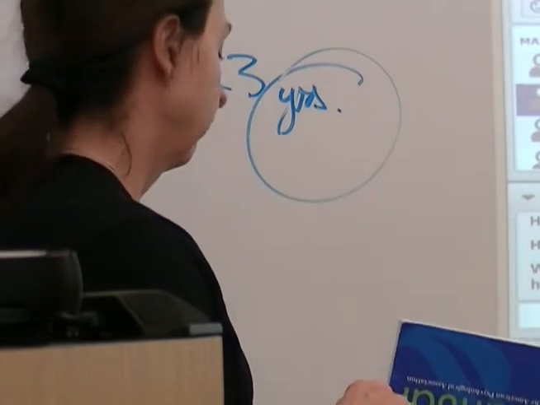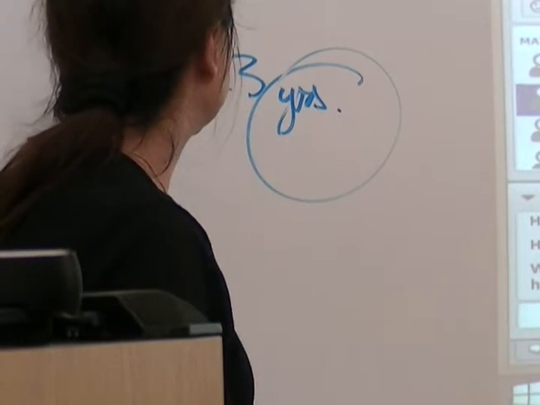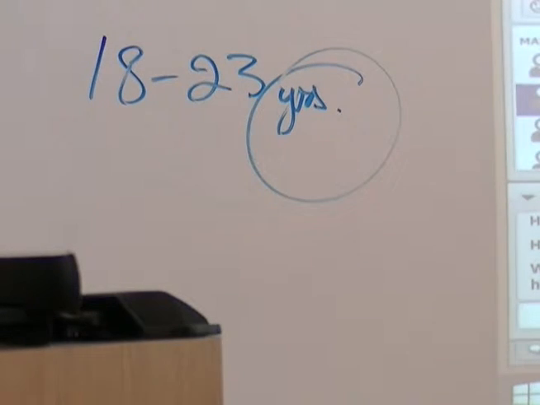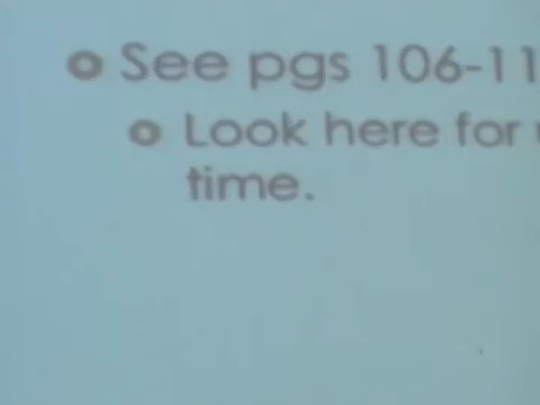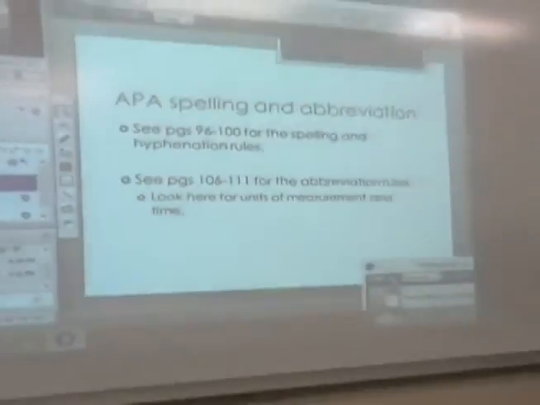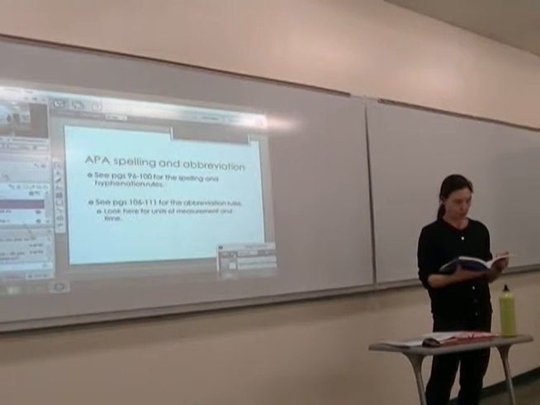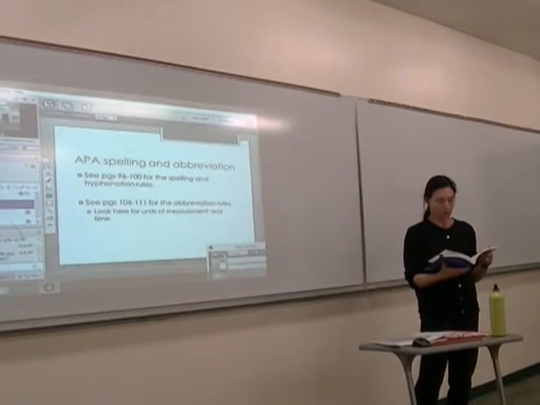Right? So that one never makes any sense to me. Why can I put S for second, but I can't put years? I can put HR for hour, but I can't put YR for year. I don't understand.